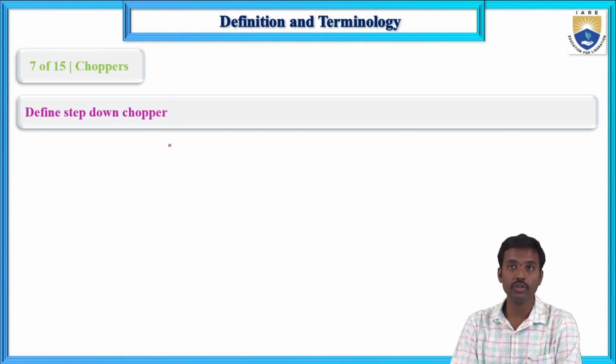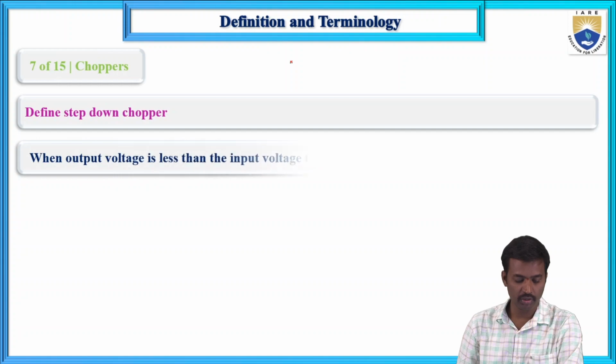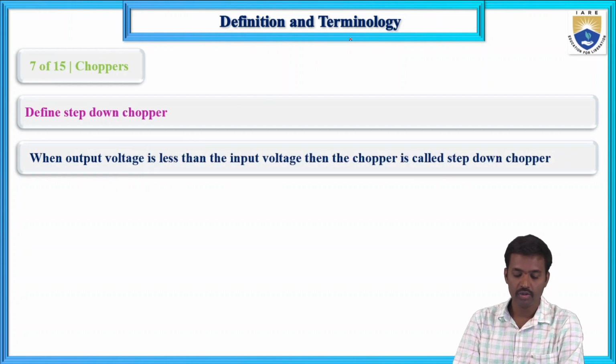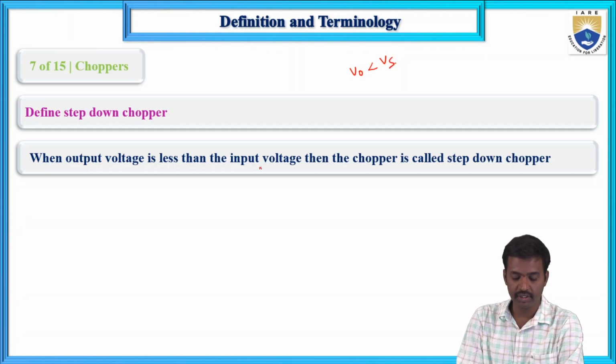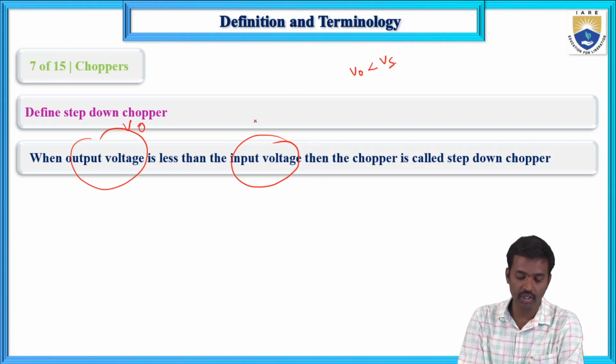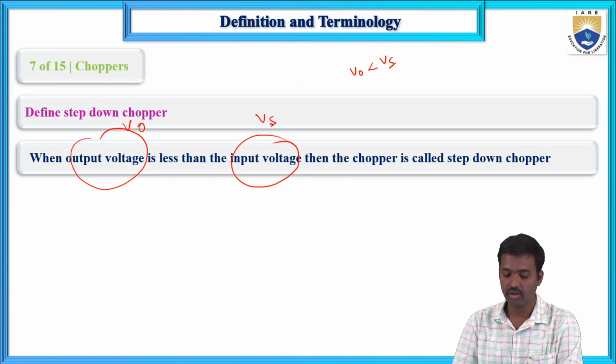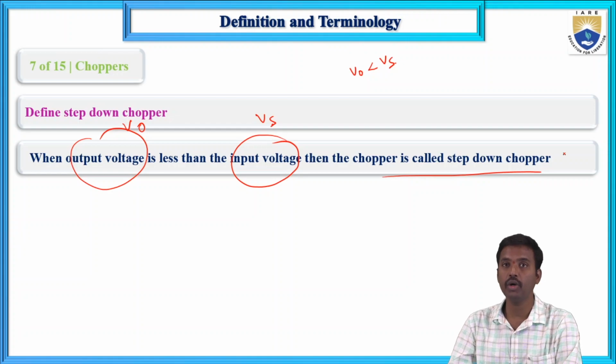Now, step down chopper means buck converter. Here, the output voltage is less than the supply voltage, that is, the input voltage. V naught is less than Vs, so that chopper is known as the step down chopper.